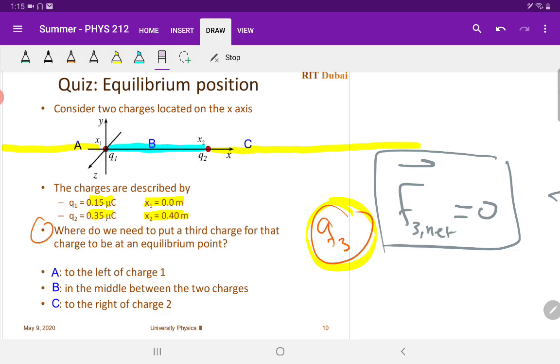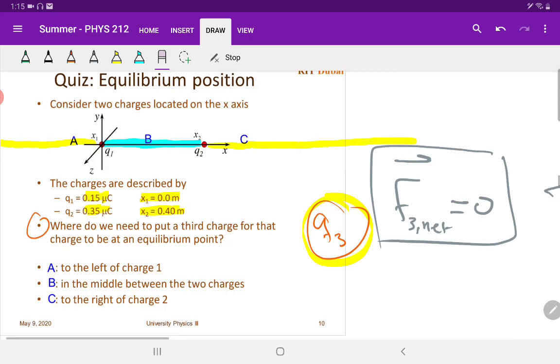How can we solve this question here? It's very simple if we really understand the concept of Newton's law, the equilibrium condition, and can also apply the electrostatic force. Here is the thing. I have 3 regions, and all I need to do is test each region separately.